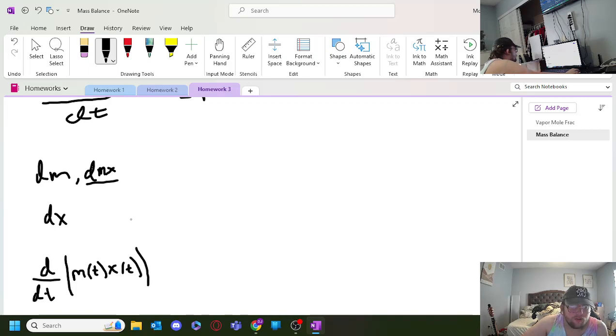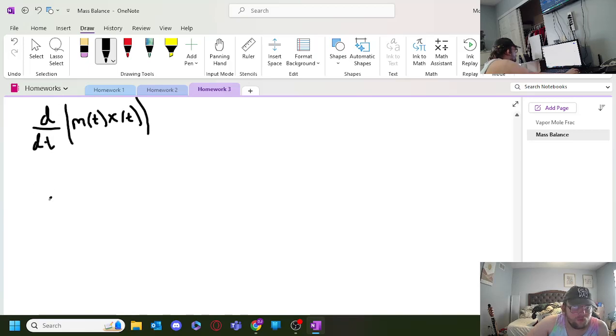And then what we can do with that is we can do chain rule to get this. So DMX equals M times dx dt, well, we just do dx for now, and then add x times dm.